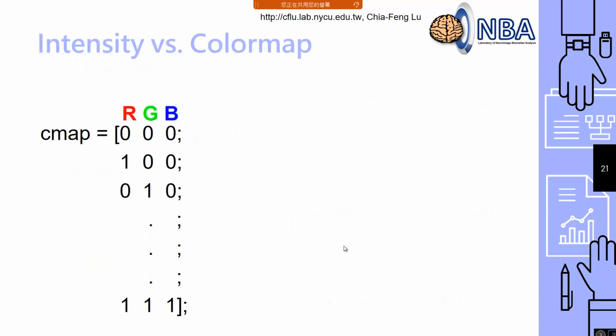Now I have to introduce a new concept. What is the color map? Okay, what is the color map? Think about this: if I really want to assign different colors to different matrix values, or sometimes we say intensity, for example, 0 should be black and 500 should be white.